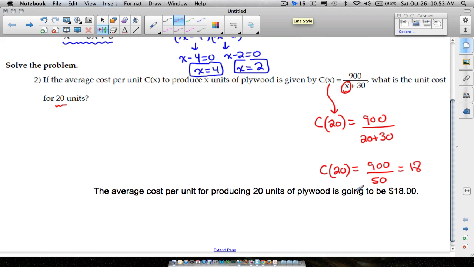Now, thinking about what this actually means, that doesn't mean that we can make 20 pieces of plywood for $18. This means if we make 20 pieces of plywood, the cost for each piece of plywood is going to be $18. And that's what that unit cost means. You're trying to figure out how much it's going to cost you to produce one unit. If we produce 20 pieces of plywood, each piece is going to cost us $18 to make.